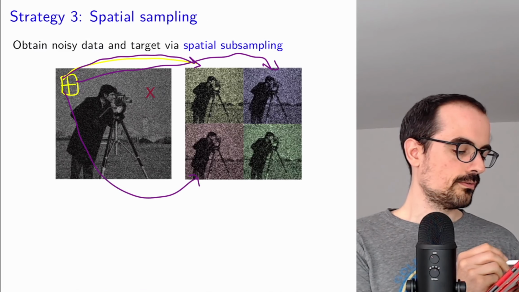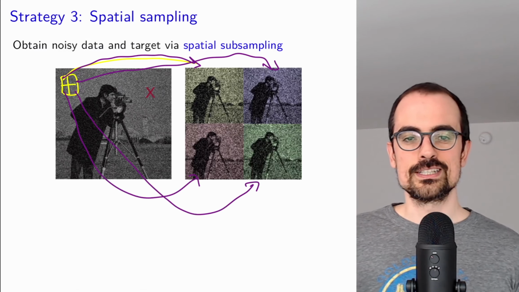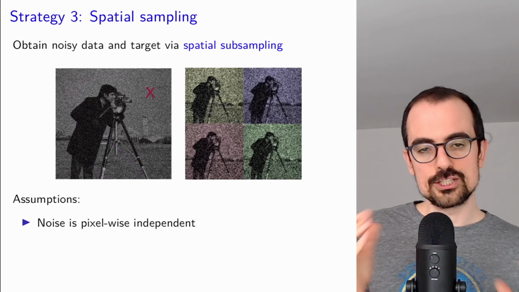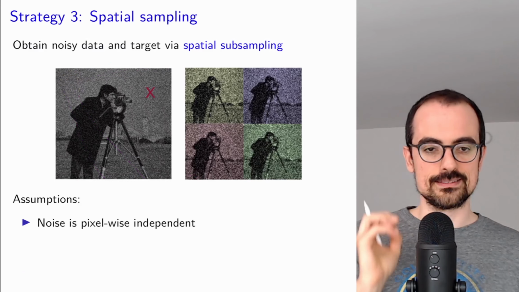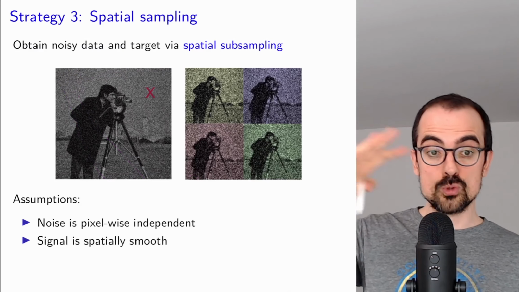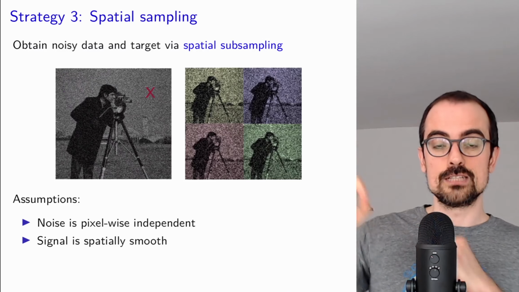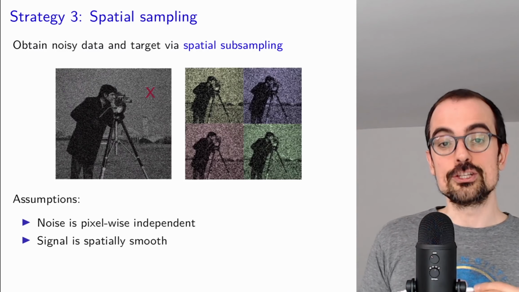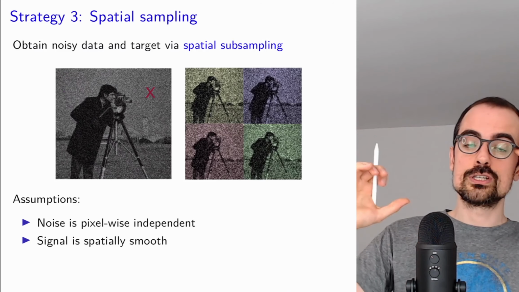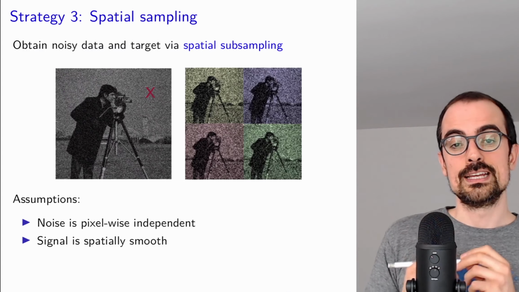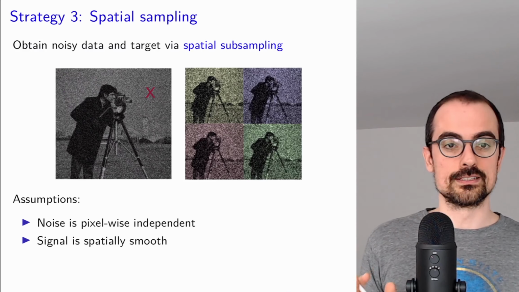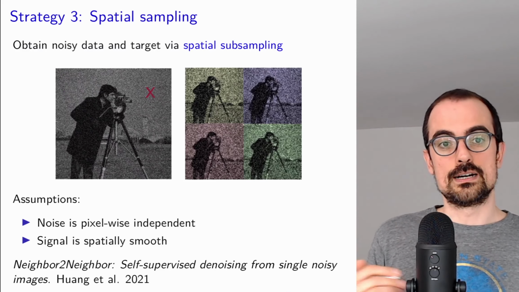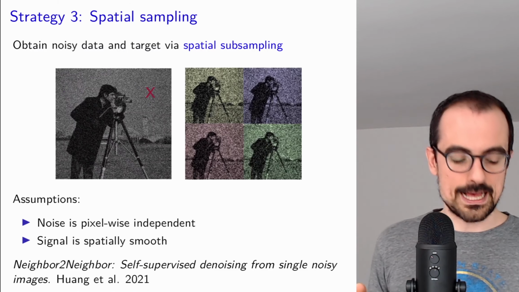And this gives you four sub-images. Then, assuming that the noise is pixel-wise independent and the image is smooth, so that when you separate it by this spatial subsampling you're not distorting it too much, you're going to have four mini images where the underlying clean image is the same and the noise is independent. This is called neighbor to neighbor. That was our third strategy, spatial sampling.